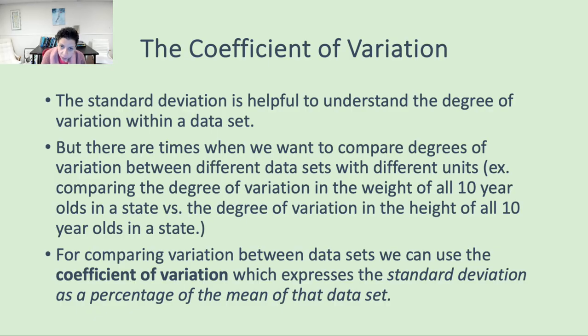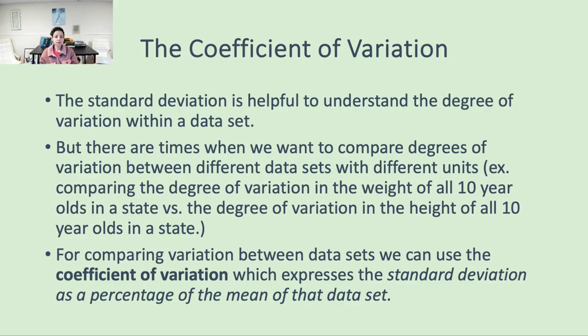Now, previously we talked about the coefficient of variation. The standard deviation is helpful to understand the degree of variation within a data set. But there are times when we want to compare the degree of variation between different data sets, even with different units.